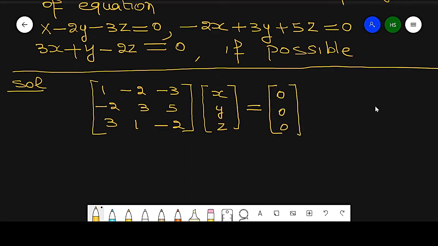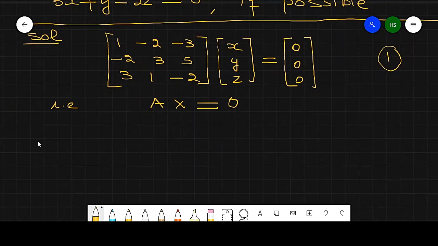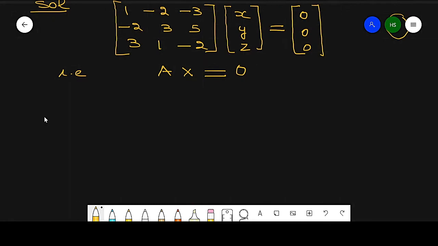This can be written as AX equals 0, where A is the matrix, X is the variable matrix, and this is the 0 matrix.